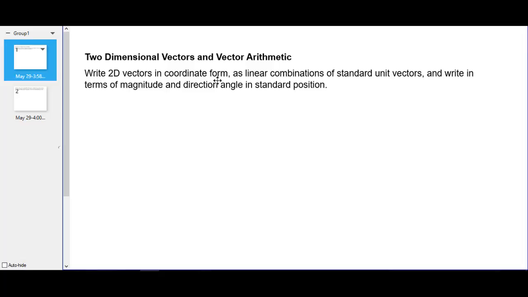We're talking about two-dimensional vectors. So we'll use a notation like this. V is a vector, and this coordinate form, I just mean something like this. Right now two-dimensional, so it just has an x and a y component. We'll draw a picture.